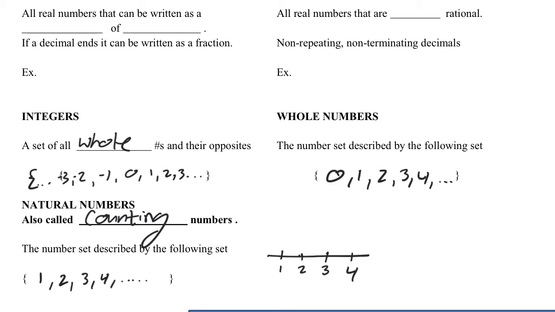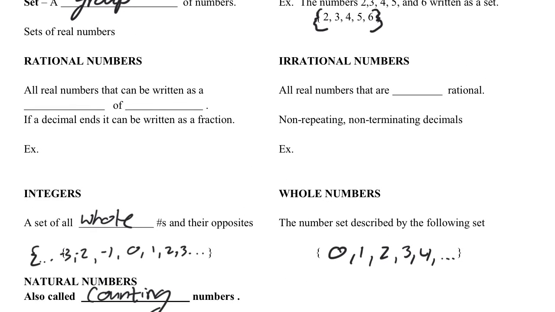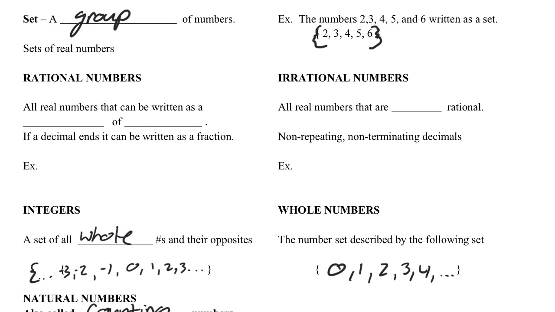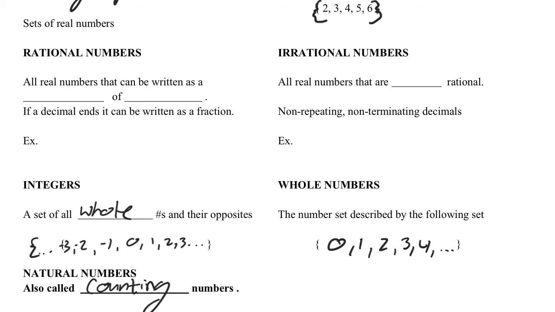Okay, adding even more possibilities. So we're going to go up here and take a look at what we call a rational number. All right? Up to this point, we haven't had any decimals, any fractions, nothing like that.